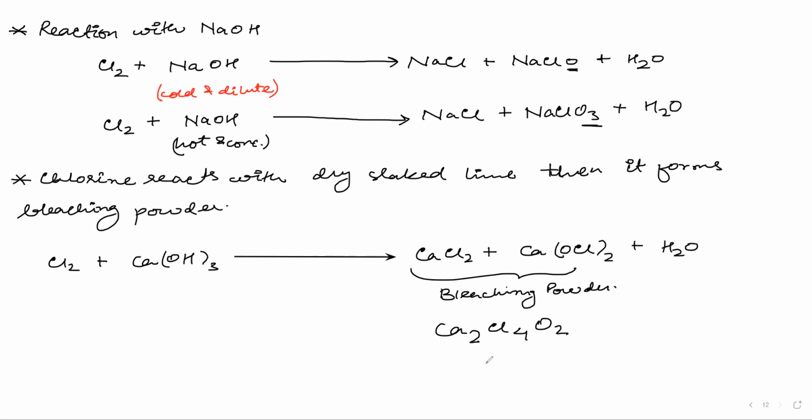If you take things common, you will get Ca(OCl)Cl. You must have learned that this is the bleaching powder, but originally this is the molecular formula, and they have eliminated the ratios here. This is bleaching powder. Done?